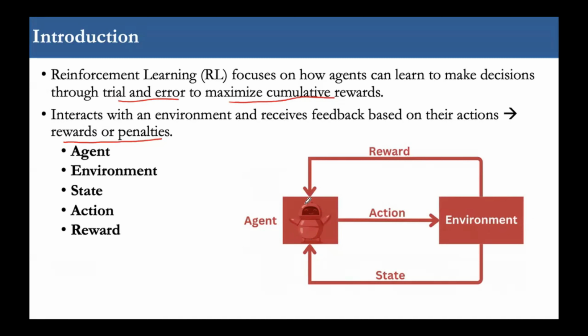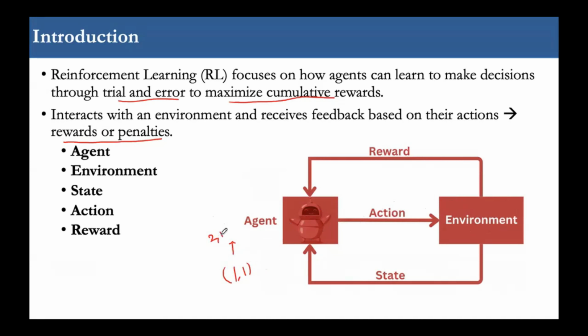Now the AI agent can perform certain actions in the environment. When we do certain actions in the environment, the agent can move from one position to another. Initially in the cell world, the agent will be in 1, 1, and after performing some action, for example an upward move, it can move to another cell, which can be said to be a state.